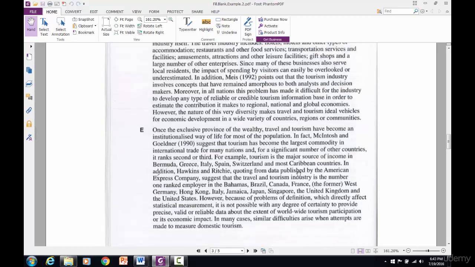So we know after that we're looking for a sentence with Jamaica, and there we have it right there. All right, so in addition, Hawkins and Ritchie, quoting from data published by the American Express Company, suggest that travel and tourism is the number 1 ranked employer in the Bahamas, Brazil, Canada, France, West Germany, Hong Kong, Italy, Jamaica, Japan, and other countries.